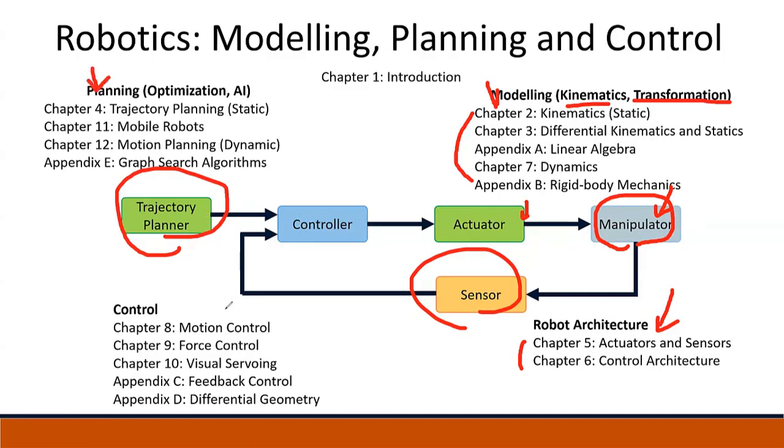Okay, there are more things related to motor control, force control, and visual servoing in feedback, and these are related to the control. Is that okay? So basically, this chart tells you what each chapter is related to, the topic that we are talking about. But we only have 8 weeks.